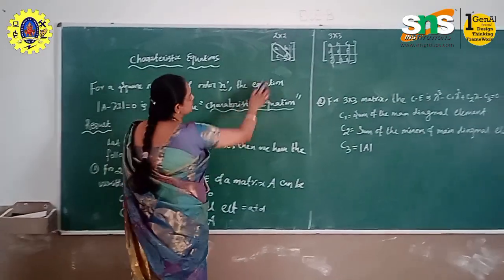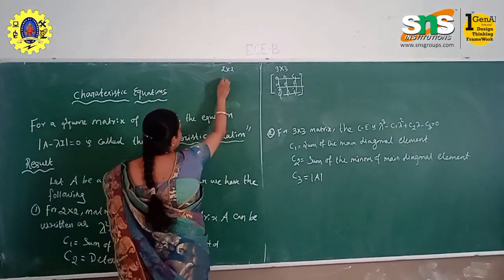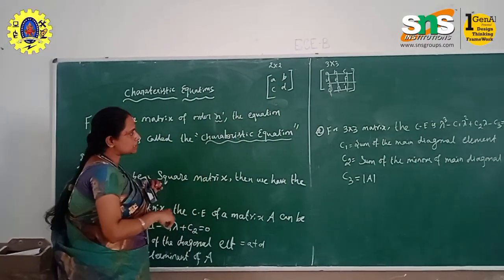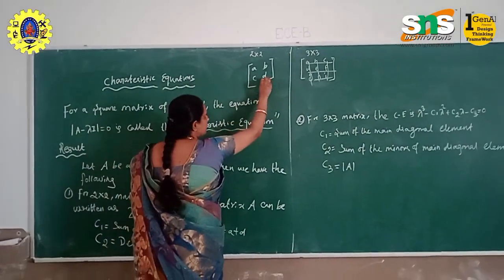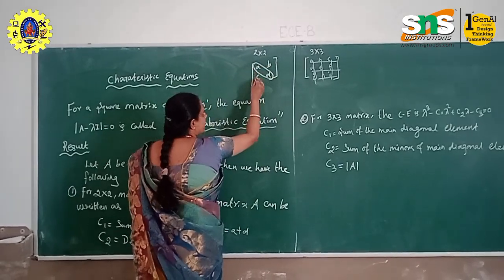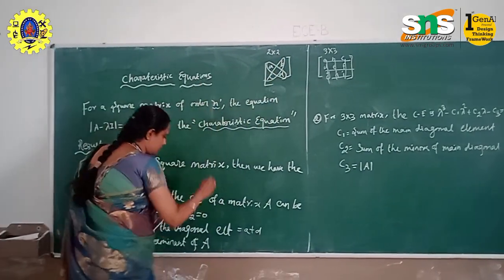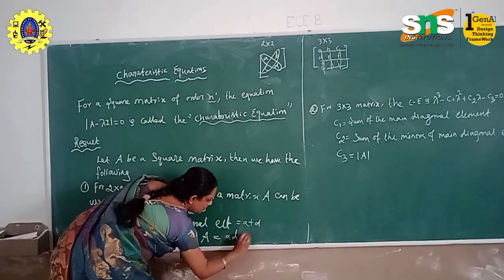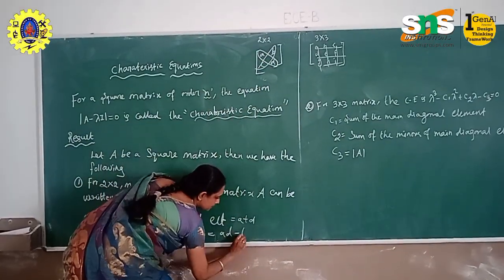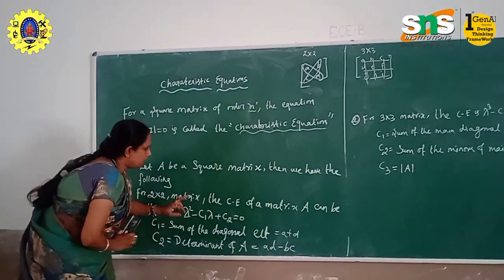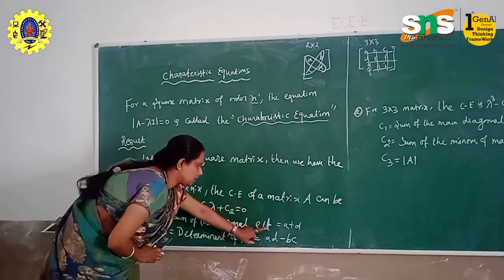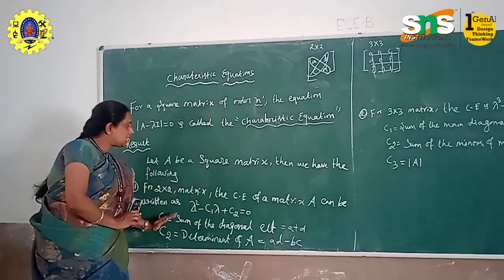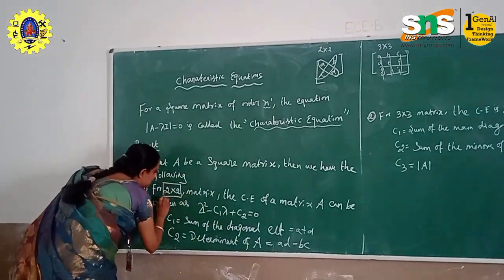See the same example: A, B, C, D. We find the determinant of this matrix by multiplying A into D minus C into B. So the determinant of A is A into D minus B into C. Next we substitute C1 as the sum of the diagonal elements and C2 as the determinant of A, equal to 0. This is the characteristic equation for a 2 cross 2 square matrix.